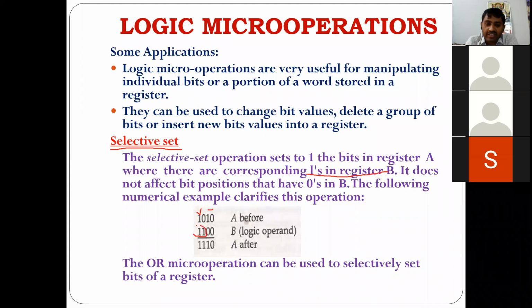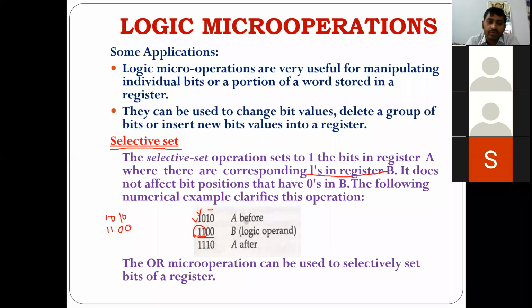Where there are ones in register B, only if the corresponding bits in register A are present will they be set to 1, otherwise no change. For example, A is 1 0 1 0, which means there are 2 ones, right? B content is random that I am taking.